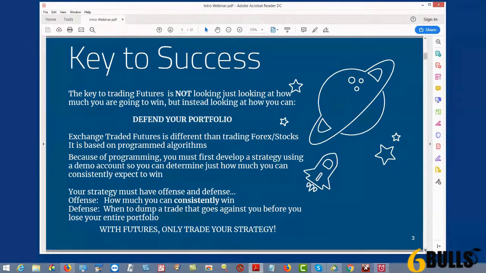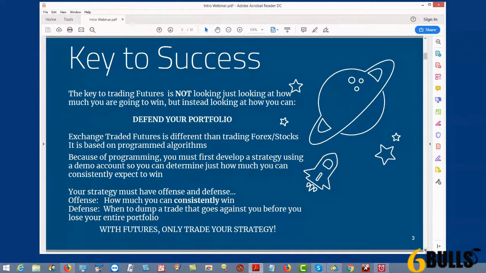There's an element of offense, how much you want to make on a given trade. And this has to be consistent. It can't be, well, this time I make this and then next time I make that. No, it has to be a consistent win. How much can you logistically win on a trade without going into greed, without losing? How much can you consistently win?